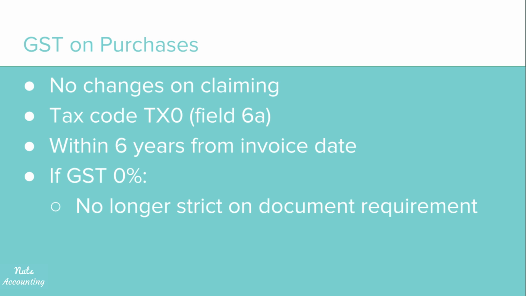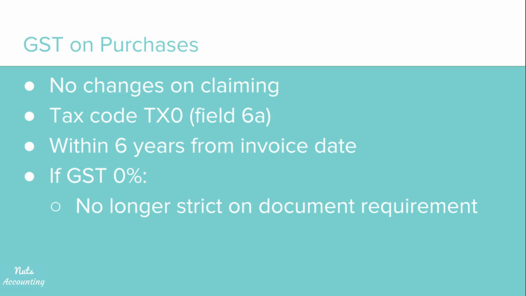Meanwhile, if your supplier gives you a tax invoice with 0% GST, you may fill in the tax code TX0, which is a new tax code, separate from the old TX code. So now the new tax code is TX0 and the field remains at 6A. And you are still able to claim your supplier invoices as long as it is within 6 years from the invoice date.